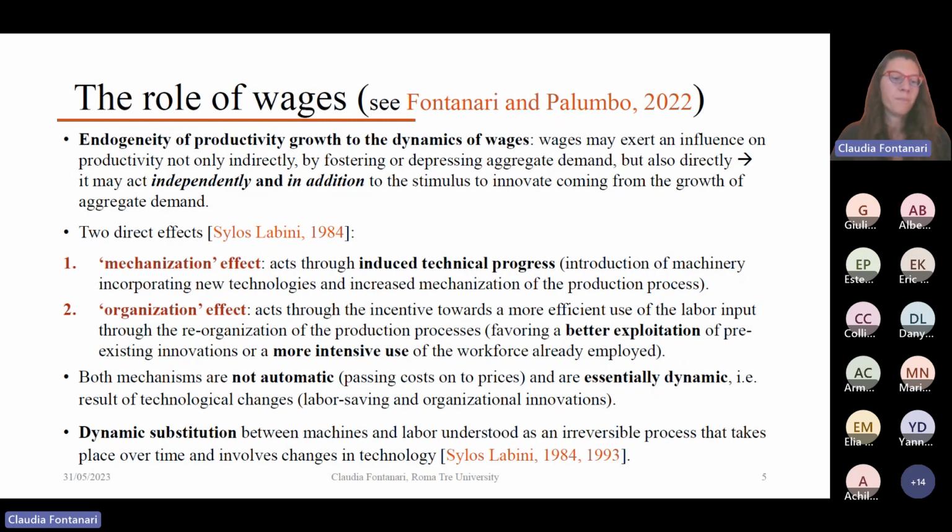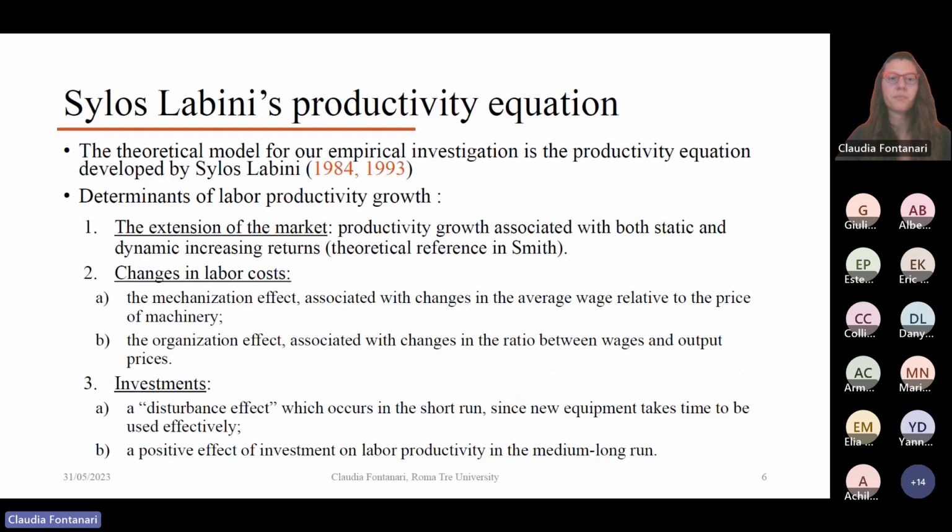Sylos Labini stresses a lot the difference between his conception, which is the concept of a dynamic substitution between machine and labor, understood as an irreversible process that takes place over time and involves changes in technology, versus the static substitution between capital and labor that we find in the mainstream theory, which concerns the continued choice of firms to change the composition between capital and labor, choosing in a continuum of existing efficient techniques.